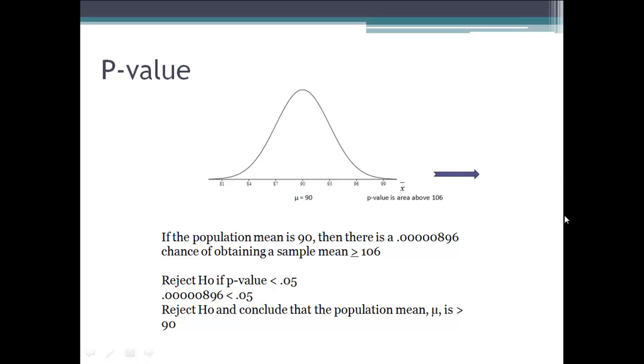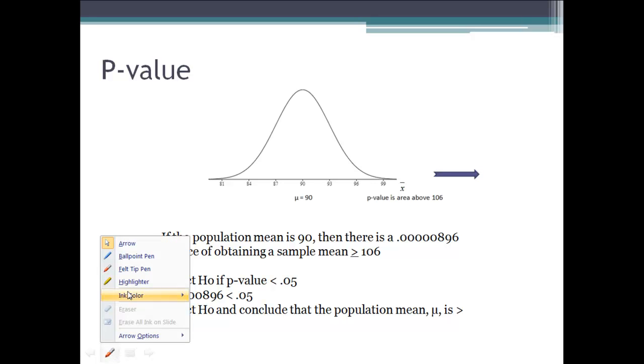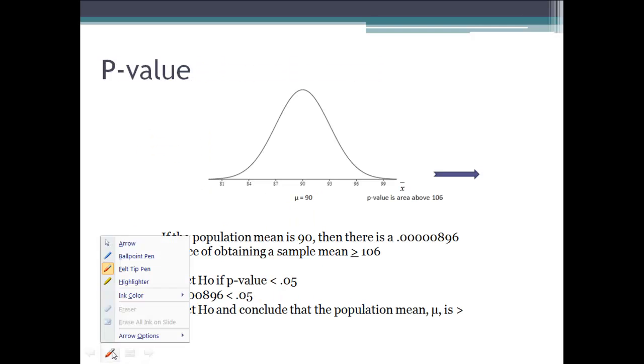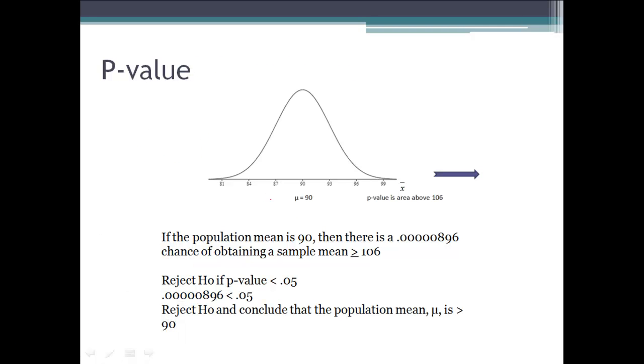So for the p-value, since this is a t-test, I got that p-value from my calculator. It was 0.50896. So if the population mean is 90, and you can see that I have that, go back there. There's the population mean of 90.